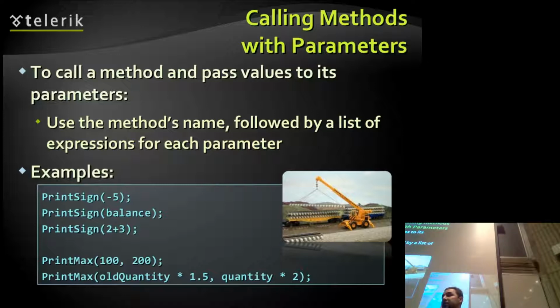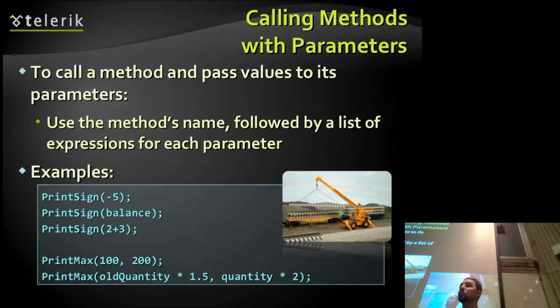Passing in a variable, nothing really to it. One thing I do want to call your attention to that sometimes people forget: you can pass anything that evaluates to a data type as an argument. To evaluate means you take whatever the mathematical expression is, and whatever its return value is, that can be a type as well. So if I take old quantity times 1.5, that is itself a numeric type, probably a double.